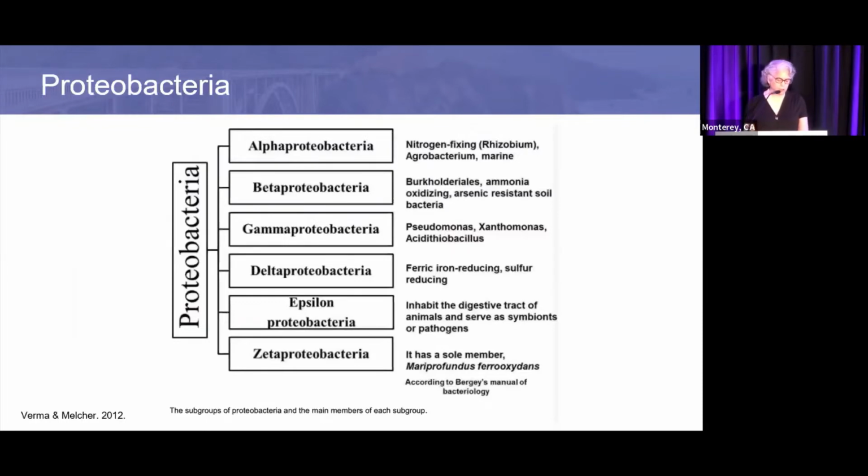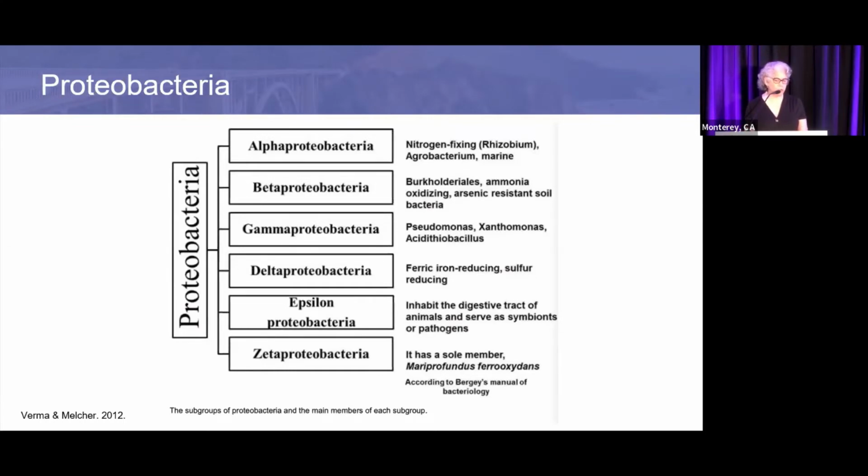Some of the gut flora include Citrobacter, E. coli, Pseudomonas, Klebsiella, and Lactobacilli. For the proteobacteria, gram-negative bacteria, you see them here. Some Greek guy came up with this, so that's why you have all these Greek letter names. The alpha proteobacteria are the nitrogen-fixing bacteria, the beta proteobacteria are ammonia-oxidizing, arsenic-resistant soil bacteria.